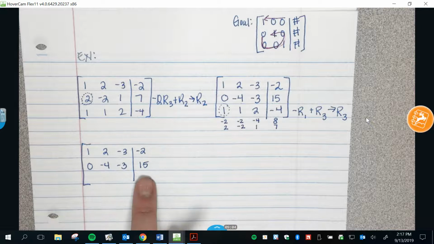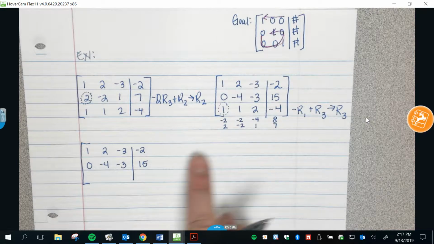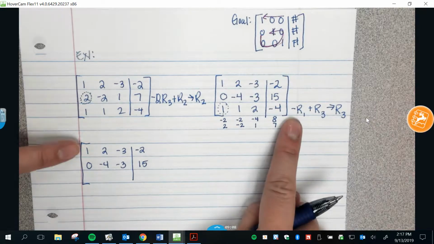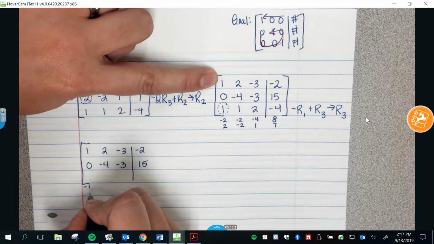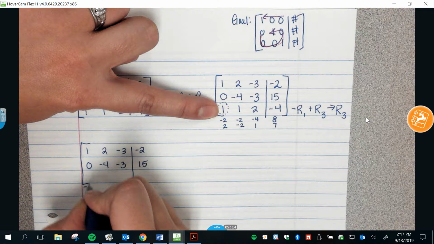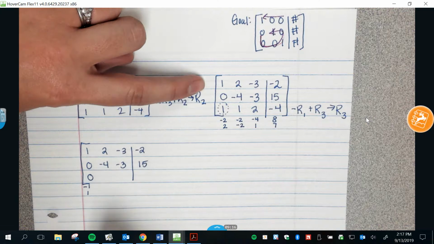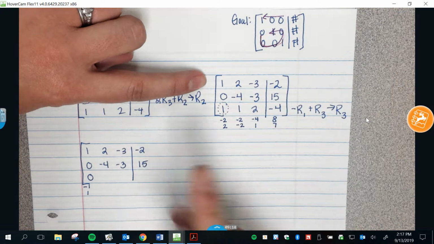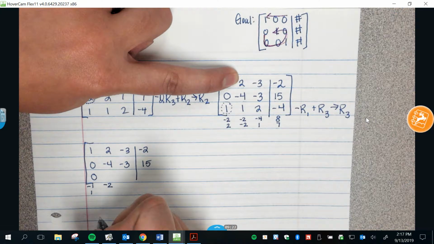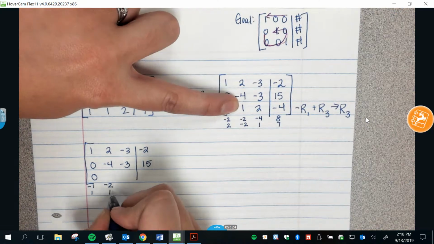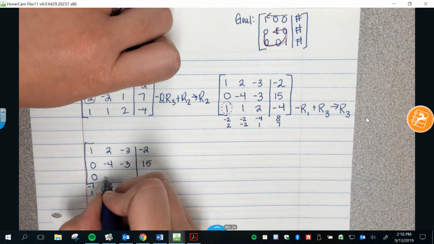But this row is changing. Negative row 1, so that would be -1, plus row 3, which is 1. Add those together, 0. Then I move on. Opposite row 1, so -2, plus row 3, which is 1. Add those together, -1.